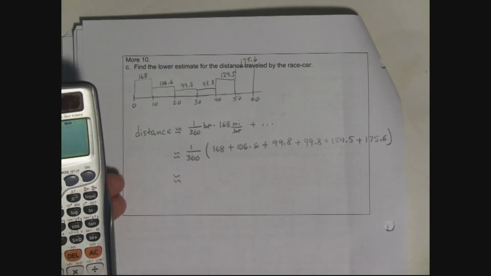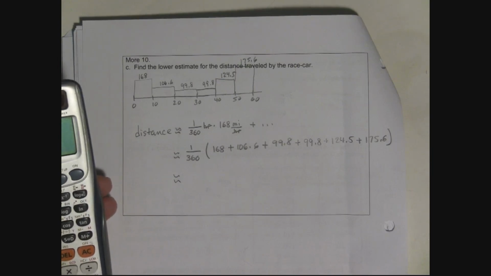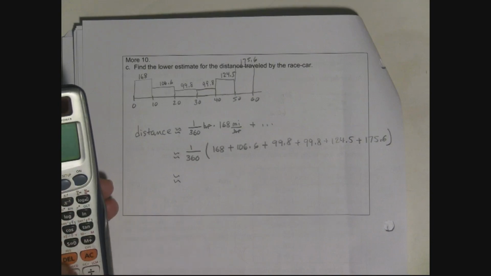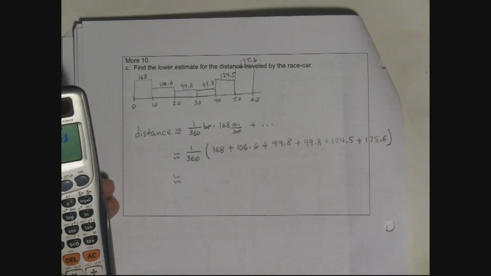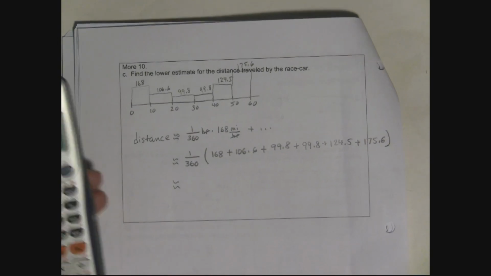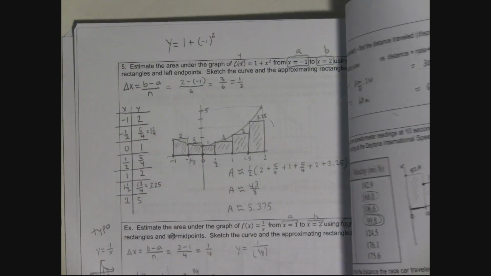Okay, so I have here 1 over 360, and then times 168 plus 106.6 plus 99.8 plus 99.8 plus 124.5 plus 175.6. I hope those numbers are all right as I was flipping back and forth on the paper.